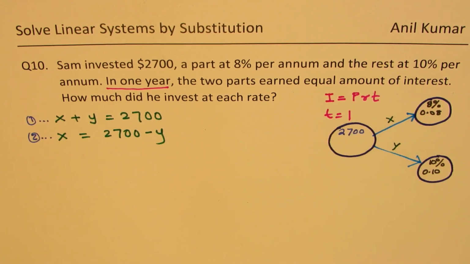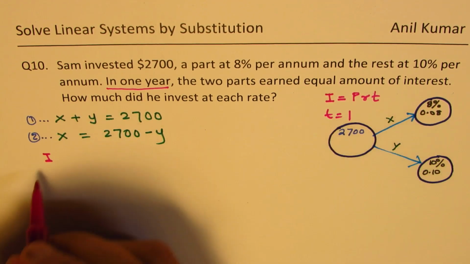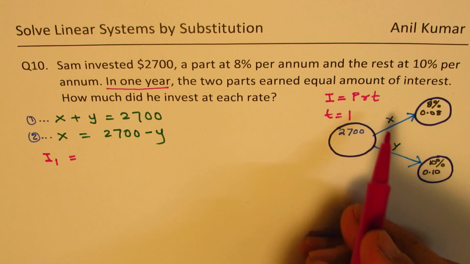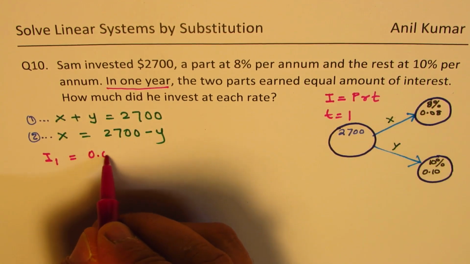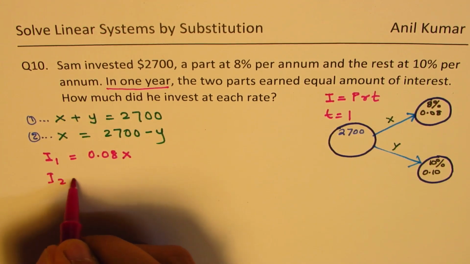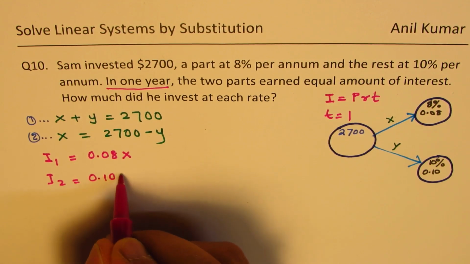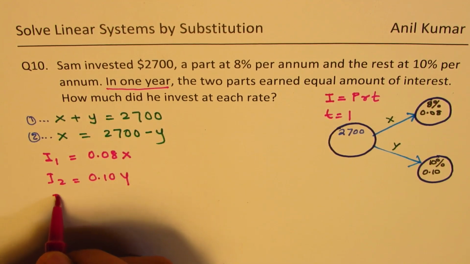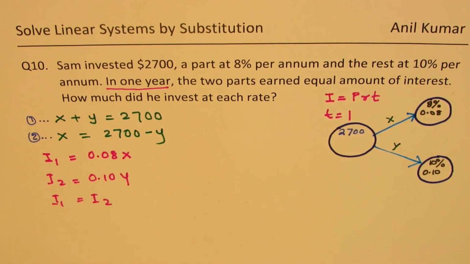So interest in the first case is equal to the amount X times 0.08. And interest in the second case will be 10% on Y, so 0.10 on Y. We are given that I1 and I2 are equal.